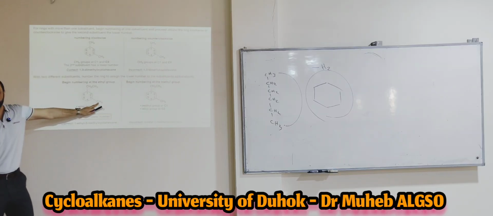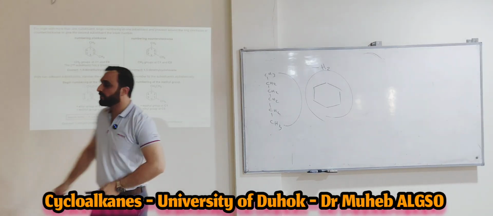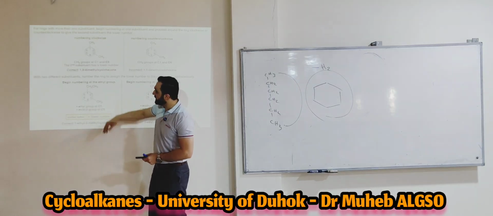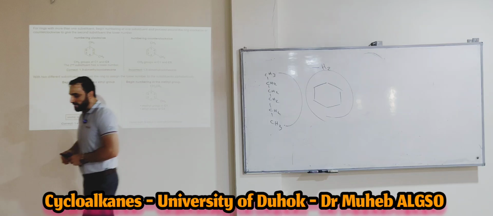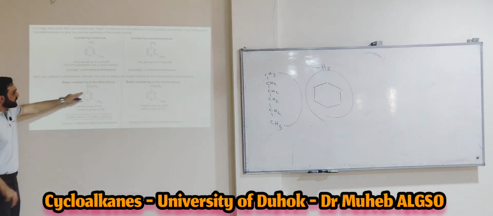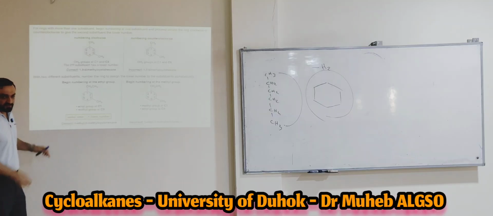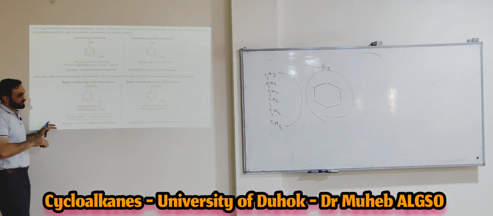This methyl starts with M, and this ethyl starts with E. Alphabetically, E comes first. That means this carbon takes number 1, and then 1, 2, 3 according to the clockwise direction, because the second substituent takes the lower number.